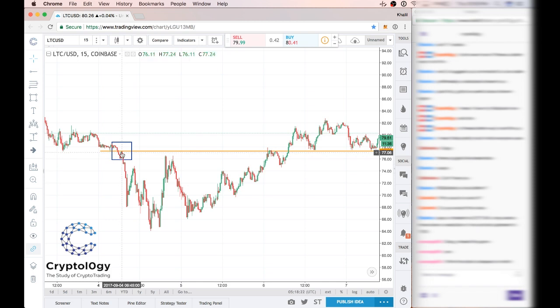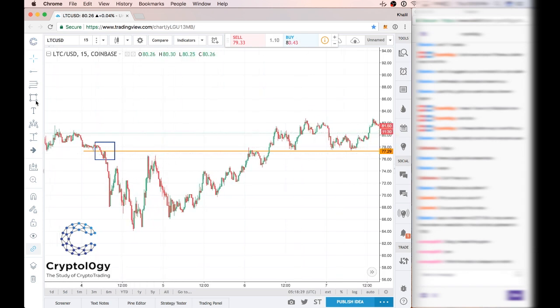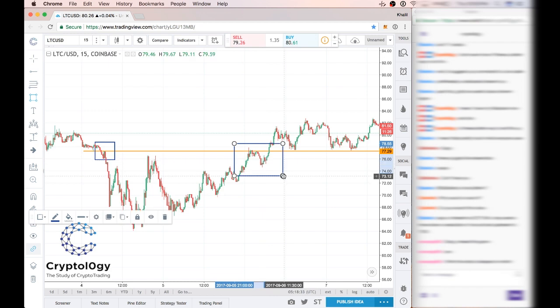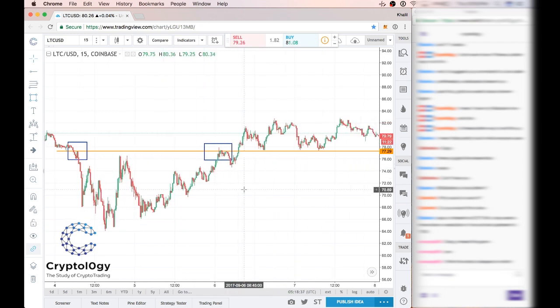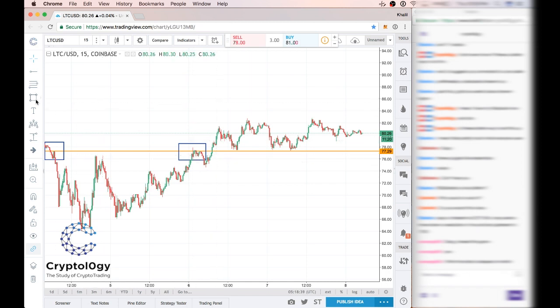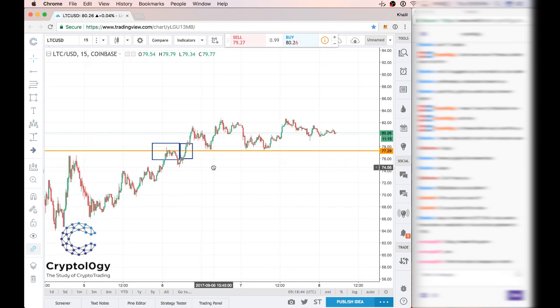Right here it hit resistance once, came back down, didn't make it back up here. Hit resistance again. And then you can see it came back and broke it right here. And now this line has become support.